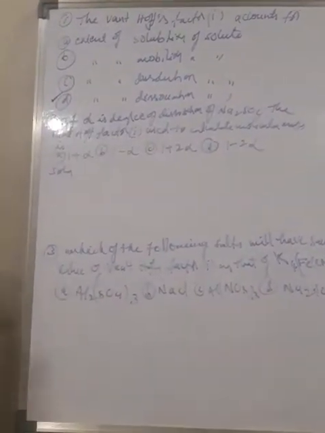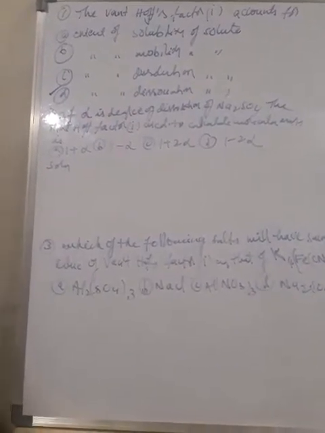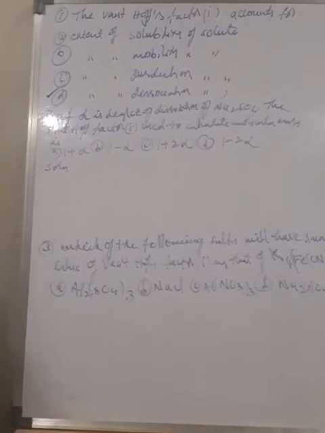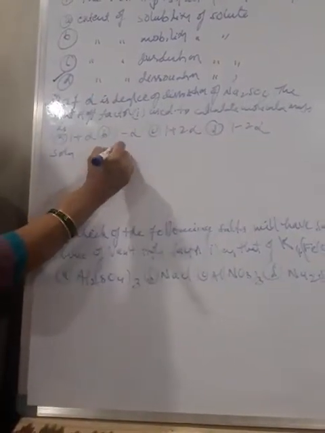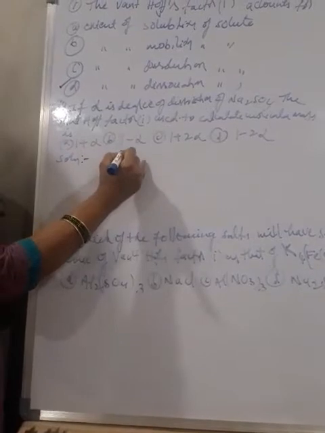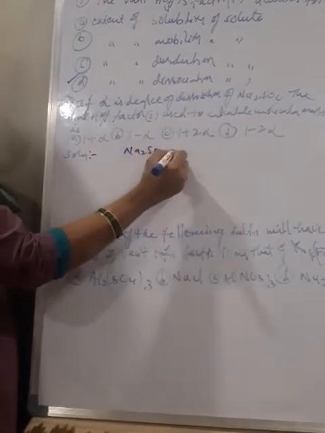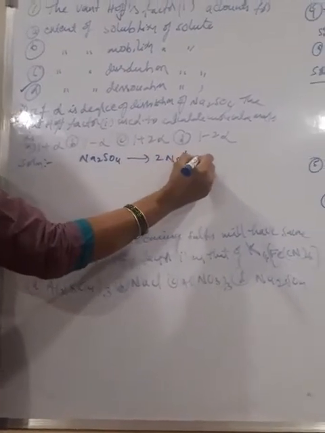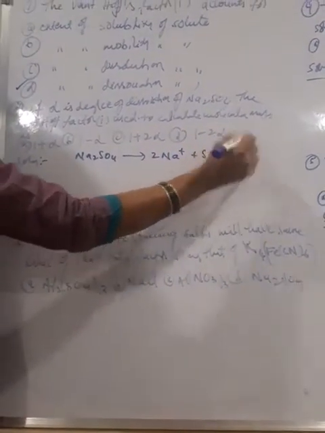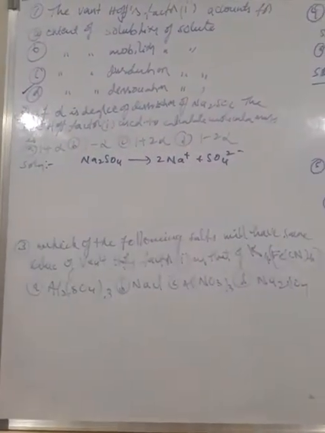Okay. Next, if alpha is degree of dissociation of sodium sulfate, the Van't Hoff factor used to calculate molecular mass is. So here, sodium sulfate, Na2SO4. On dissociation, it forms 2 Na+ ions and 1 SO4 2- ion.